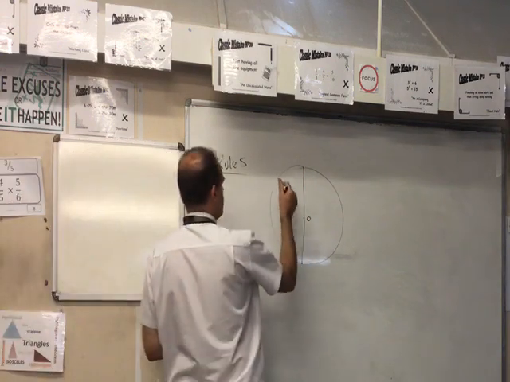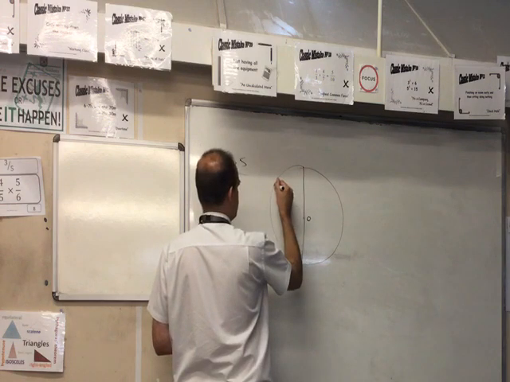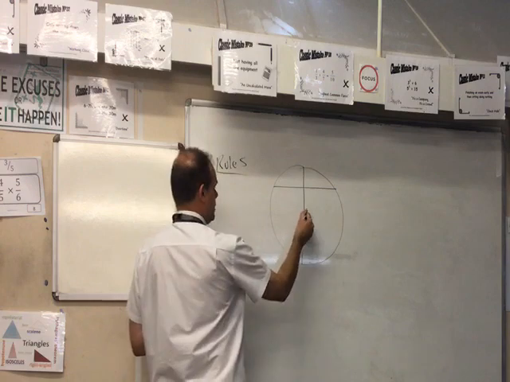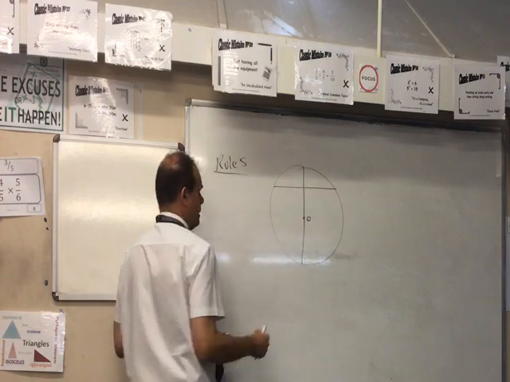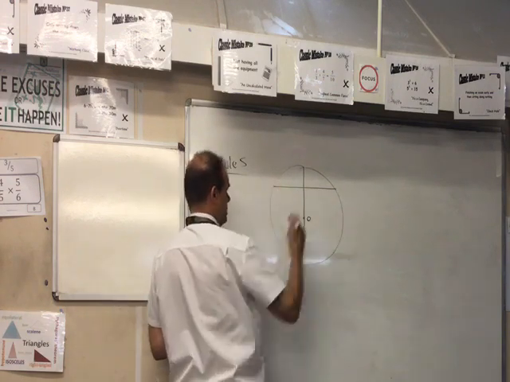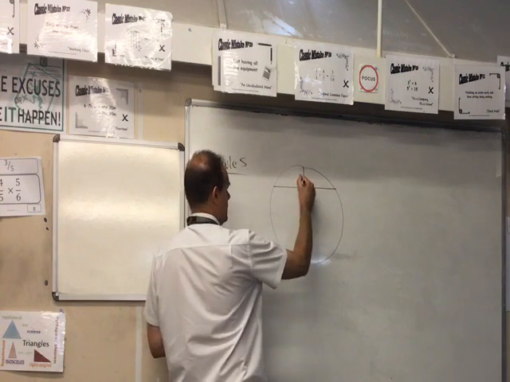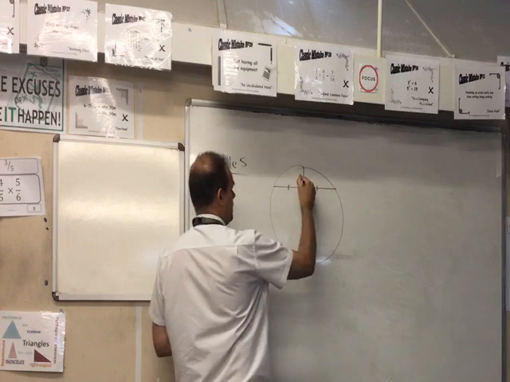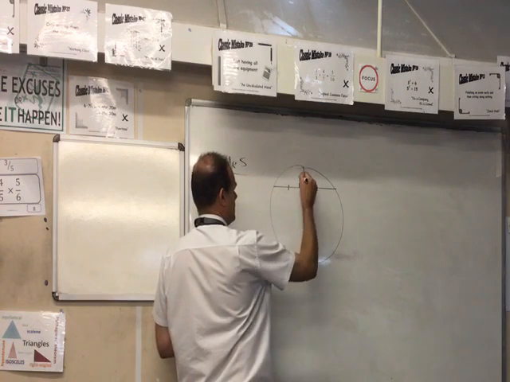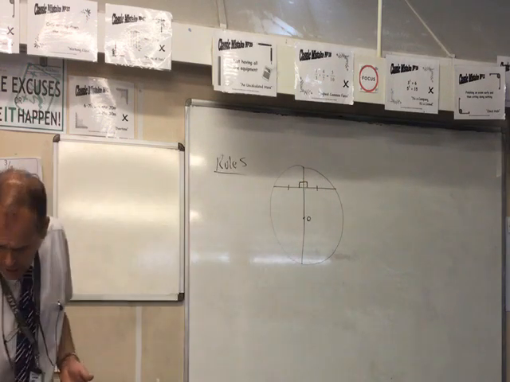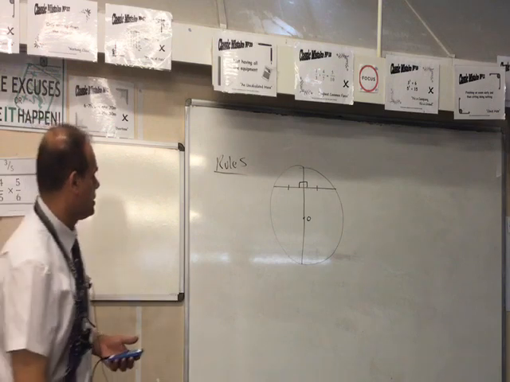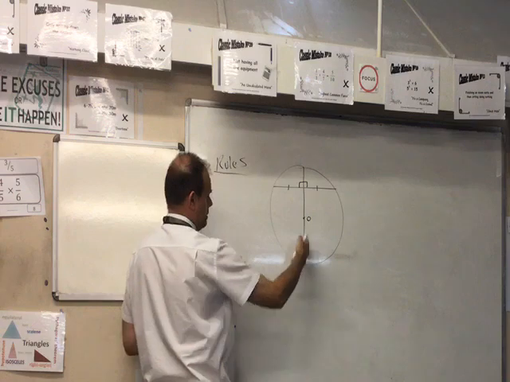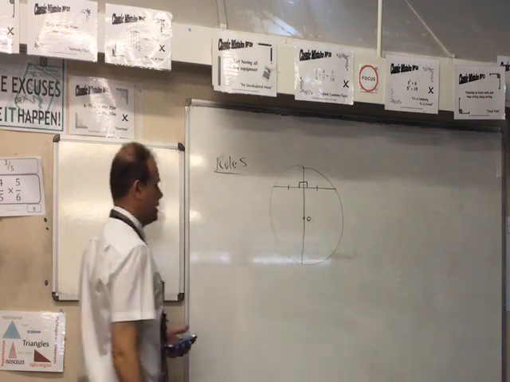If I now draw a chord on here to that diameter, the rule is that a diameter bisects that chord at 90 degrees. So it bisects it, so it cuts it into 2 equal parts, hence the dashes mean equal. And it bisects it at right angles, as you can see there. So that's another result there. That diameter is bisecting that chord at right angles.